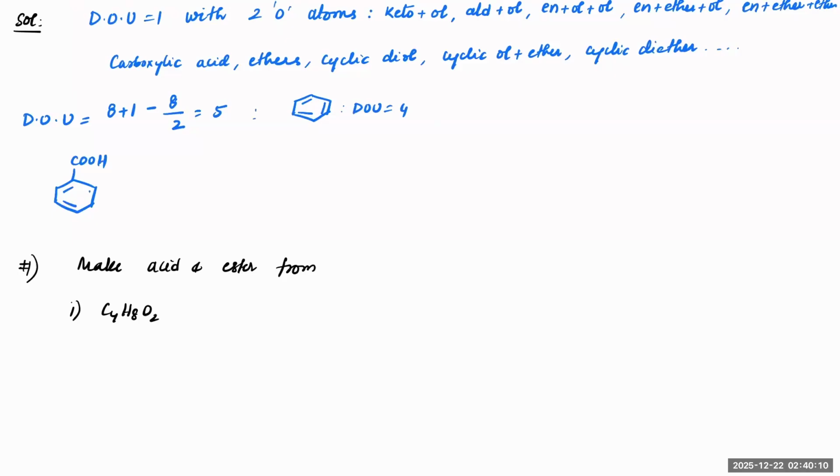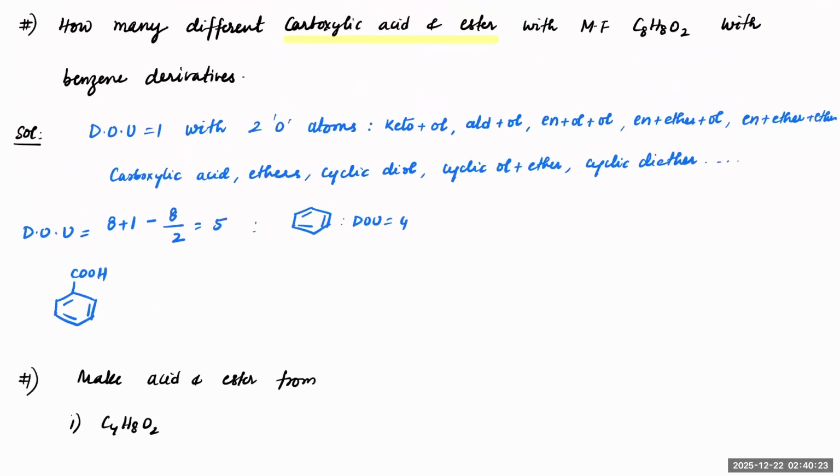Now the degree of unsaturation is 5. 4 are covered by benzene, one is covered by C double bond O. And along with that, we have one extra carbon because in total we have 8 carbons. So now you can see 6 plus 1, 7 carbons. So one methyl group is present, which can be located at ortho, meta, or para position. So we can get three different forms in it.